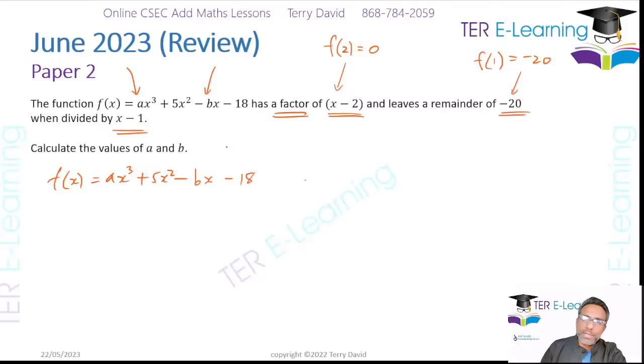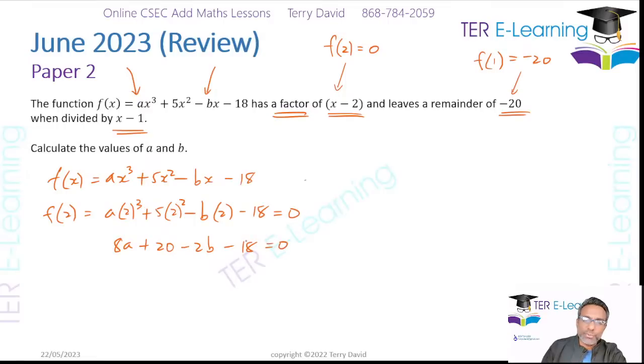Let's do the factor first. So f of 2 is going to be a multiplied by 2 cubed plus 5 by 2 squared minus b by 2 minus 18, but that has to be equal to 0. 2 cubed is 8, so this is 8a, plus 4 by 5, that's 20, minus 2b minus 18 is equal to 0.